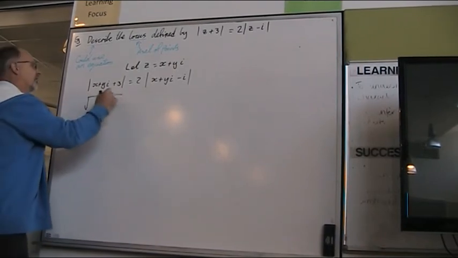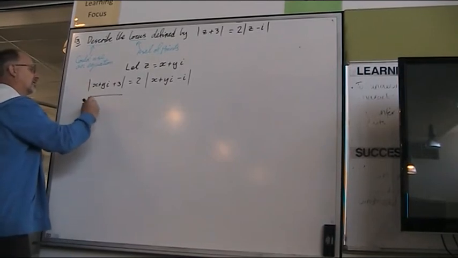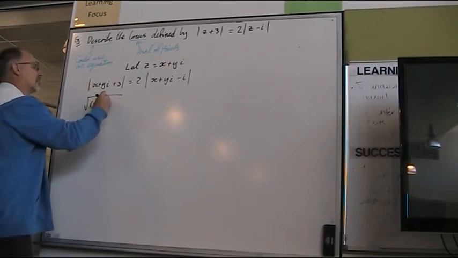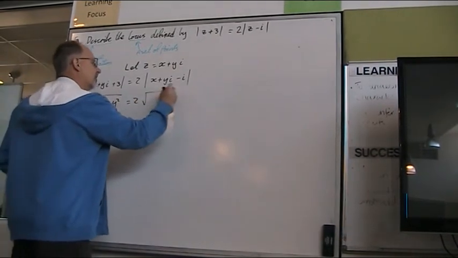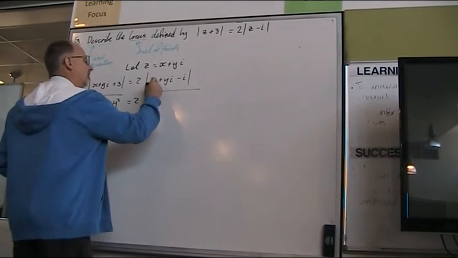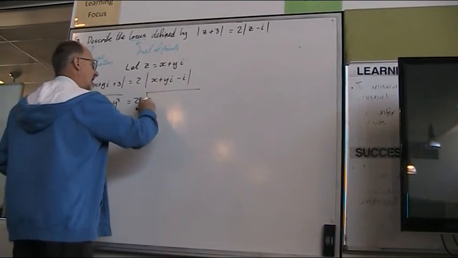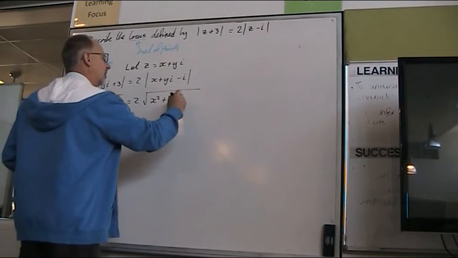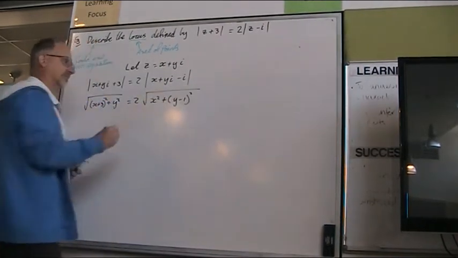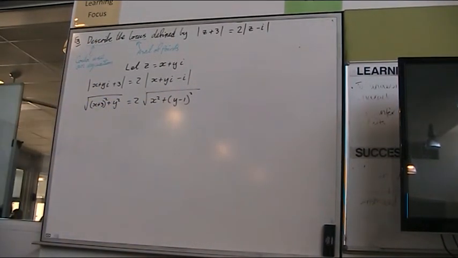So the square root of the real part, x plus 3 squared plus y squared, equals twice the square root of the real part, which is just x, and the imaginary part, y minus 1. And then follow through a whole bunch of algebra.